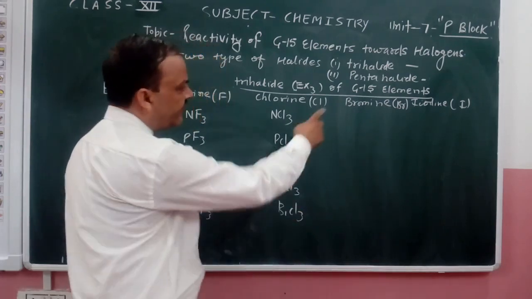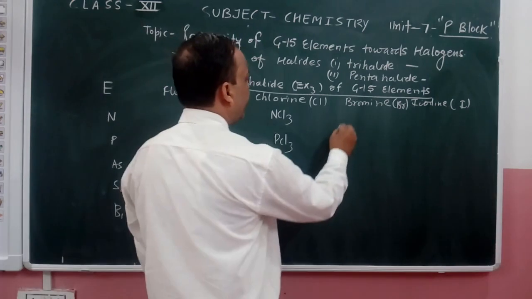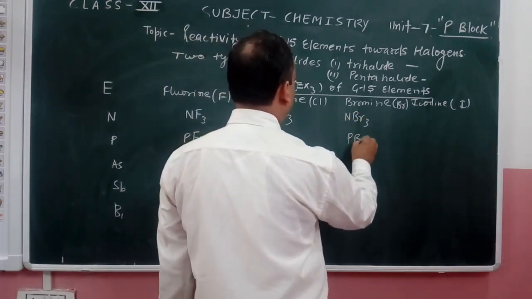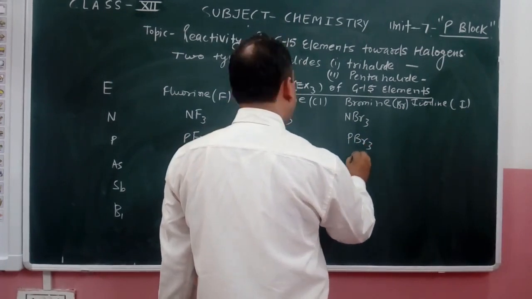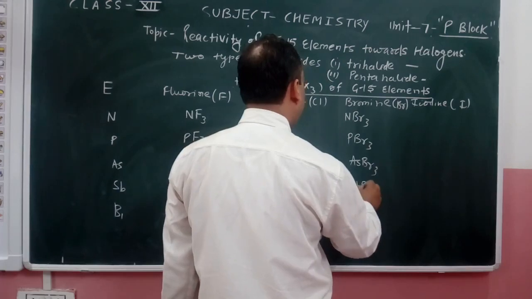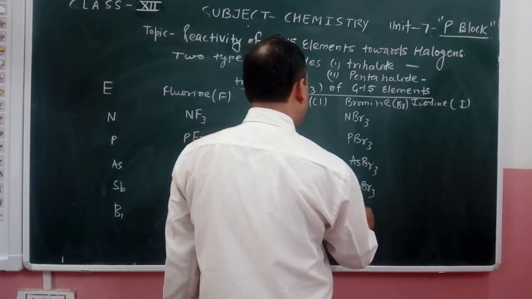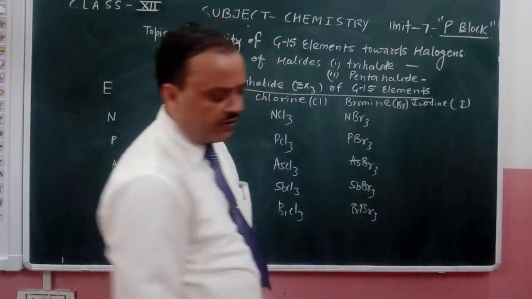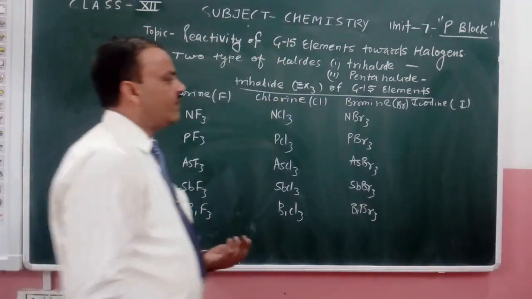BiCl3. In case of bromine, we have NBr3, PBr3, AsBr3, SbBr3, BiBr3. In case of iodine, what condition we have?